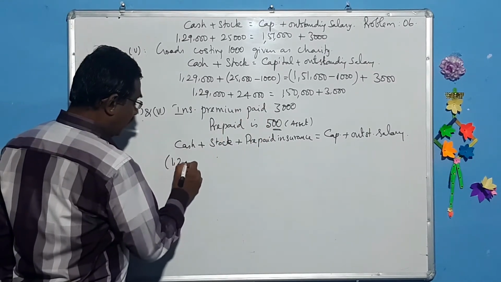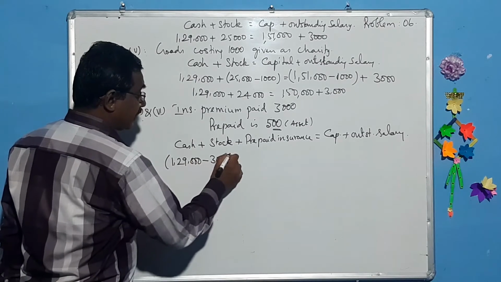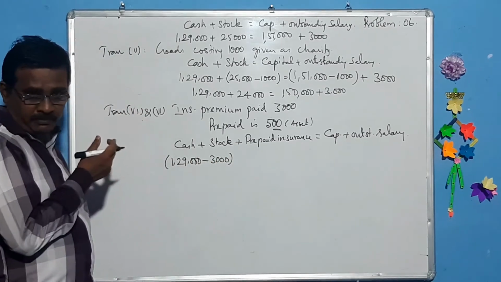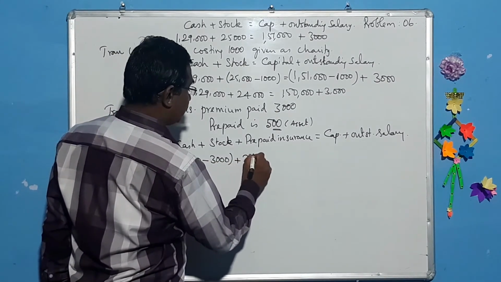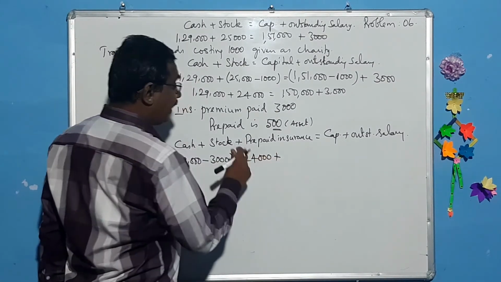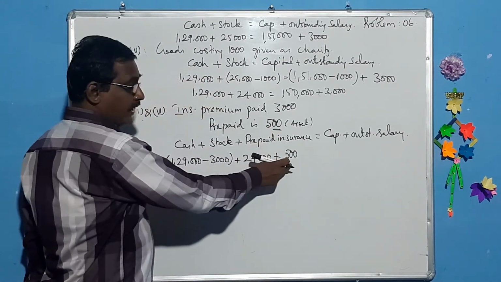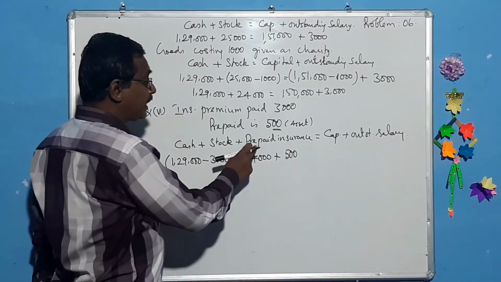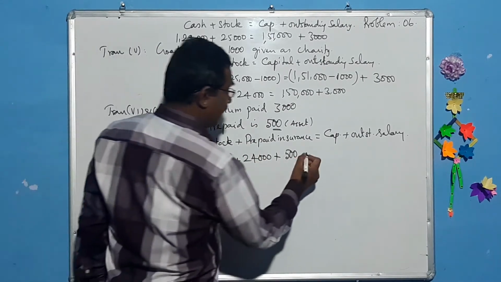So from 1,29,000 we have to subtract 3,000 because we have taken 3,000 from cash. Stock, there will not be any change in the stock. Prepaid insurance, that is 500. We need not pay that 500, whereas we have paid. So it becomes prepaid insurance. It is an asset, so it is shown in the assets side.